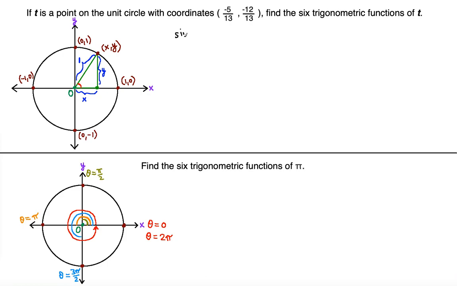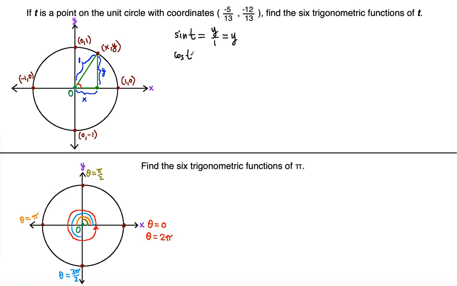So we know that the sine of t, using this triangle, where t is the angle measure in this case, is going to be opposite divided by the hypotenuse, y divided by 1, which is equal to y.